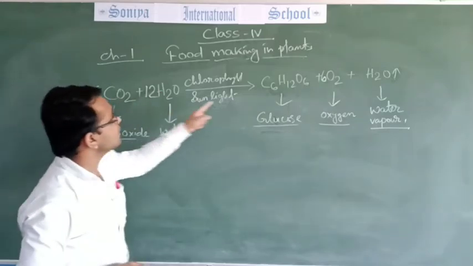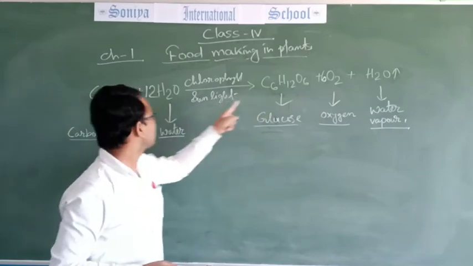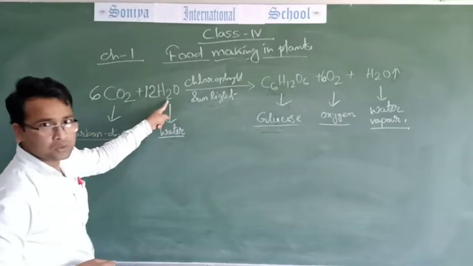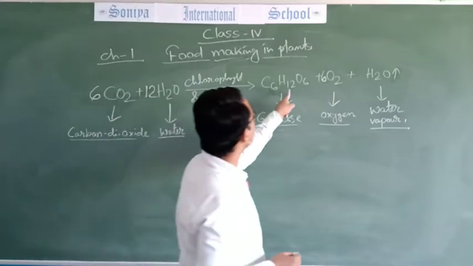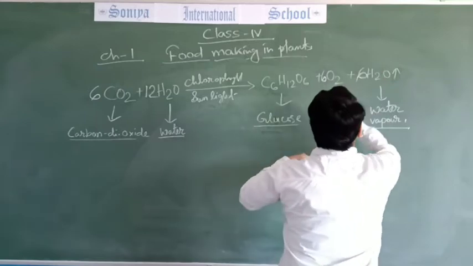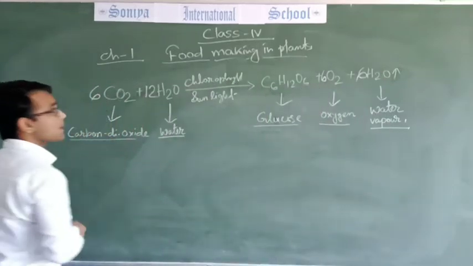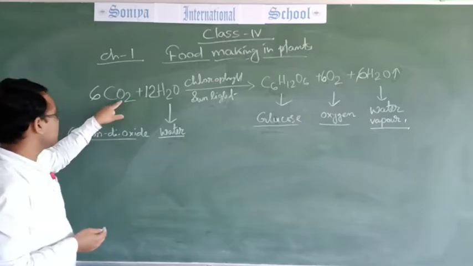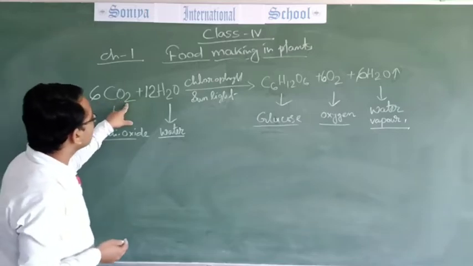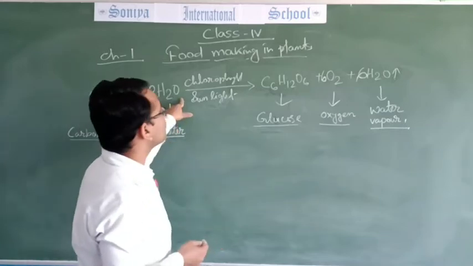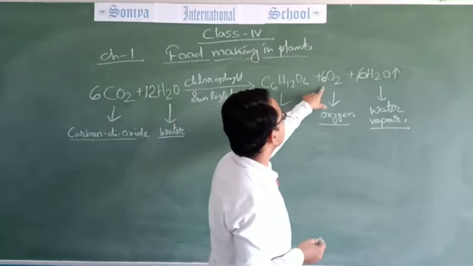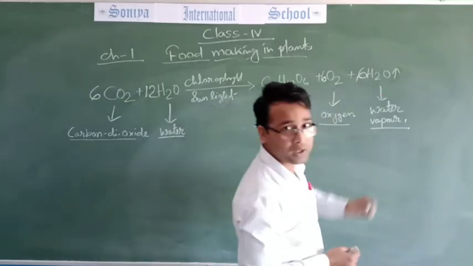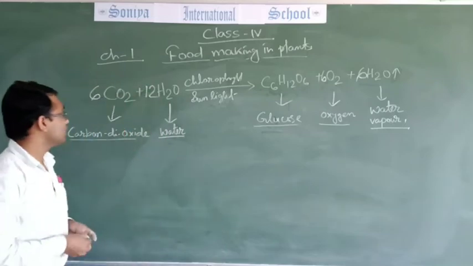Then 6 carbon, oxygen, hydrogen: 12 into 2 is 24 here, 12 and 12 is 24. 6 multiplied by 2 means oxygen 12 and 12, 24. 6 and 12 is 18, and 6 is 24. Is that clear?